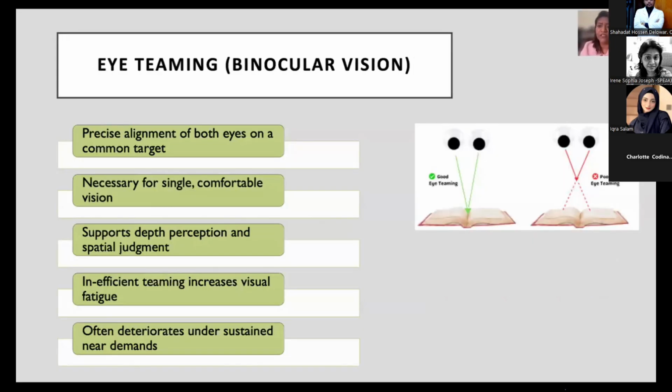So let's look at the first one, which is eye teaming or binocular vision. It refers to the ability of both eyes to align accurately and simultaneously on a common target. Efficient eye teaming is essential for single, comfortable vision and accurate depth perception. When this system is inefficient, patients often experience visual fatigue, suppression, or intermittent diplopia, particularly during near tasks.